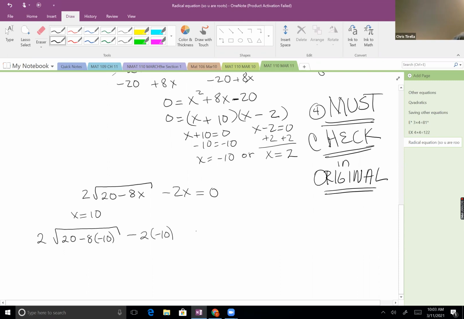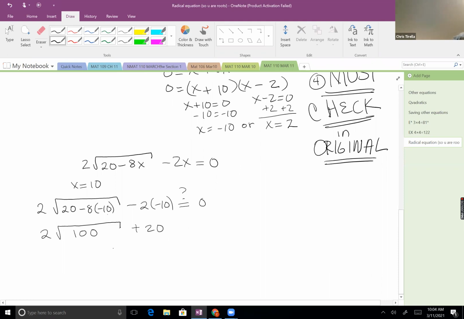Does that equal 0? Well, the arithmetic in the middle would give me 100 plus 20, which gives me 20 plus 20, or 40. Does 40 equal 0? No. So this one we're going to reject.